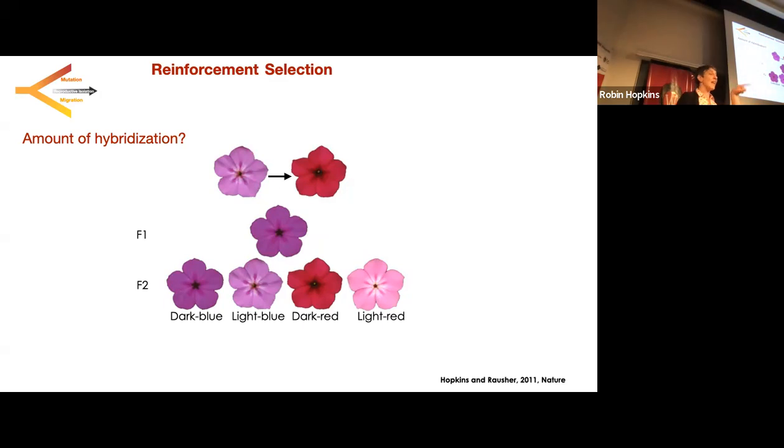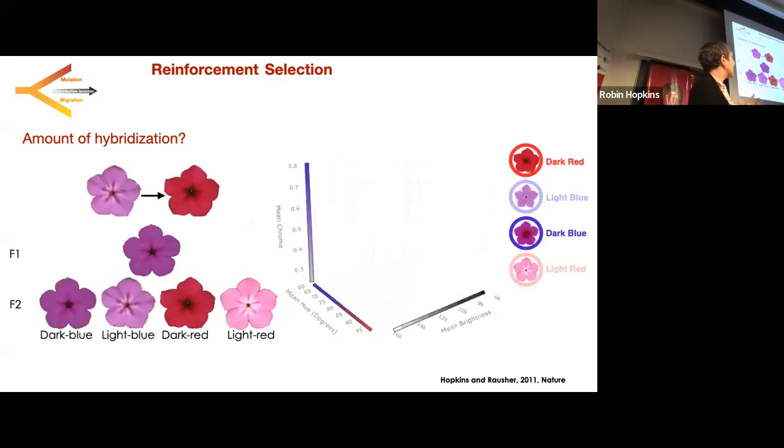We then self that and we segregate 4 distinct flower colors. We get the parents, light blue and dark red. We get the F1 color, dark blue, and we get this new light red, pinky color that's quite pretty. And we can quantify this flower color on a 3-dimensional color space using a spectrophotometer to get really good quantification of spectral reflectance.